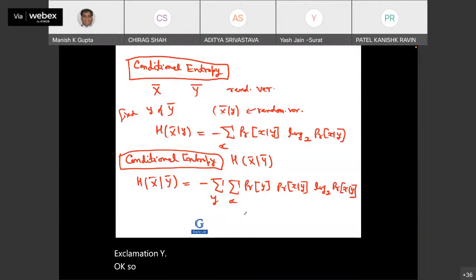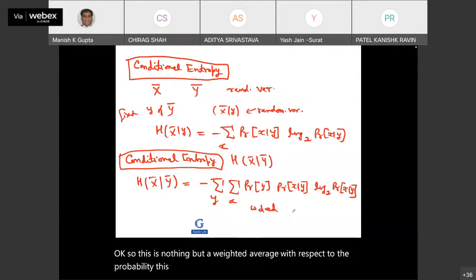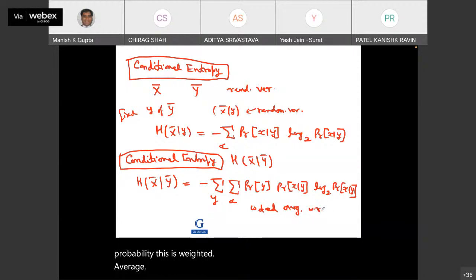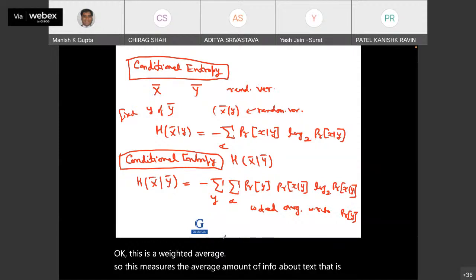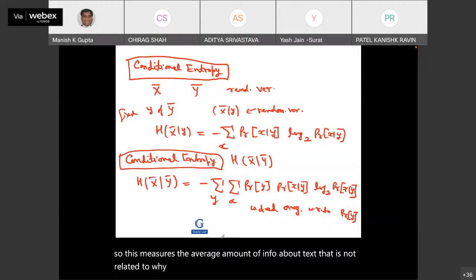This is nothing but a weighted average with respect to the probability of y. Okay, this is a weighted average. So this measures the average amount of information about x that is not related to y. Okay, so this is how we compute conditional entropy.